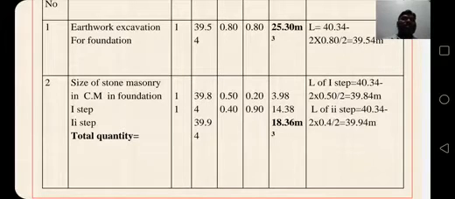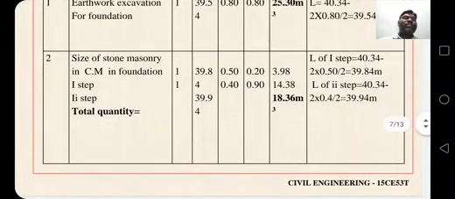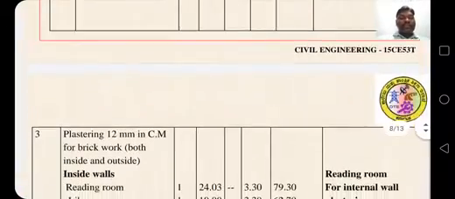Total quantity is 18.36 meter cube. L is equal to 40.34 minus 2 into 0.5 by 2 is equal to 39.84 meter. Length of second step 40.34 minus 2 into 0.4 by 2 is 39.94 meter.